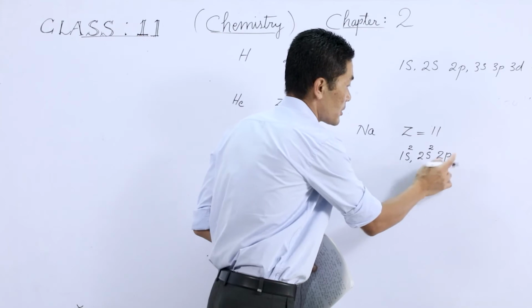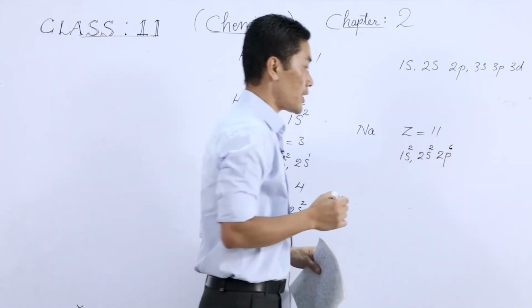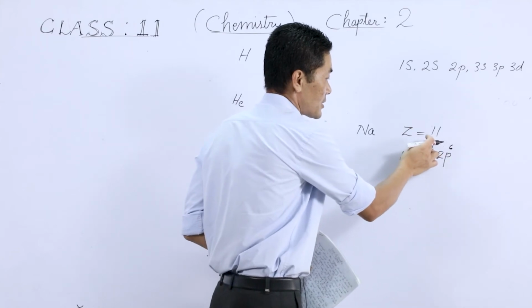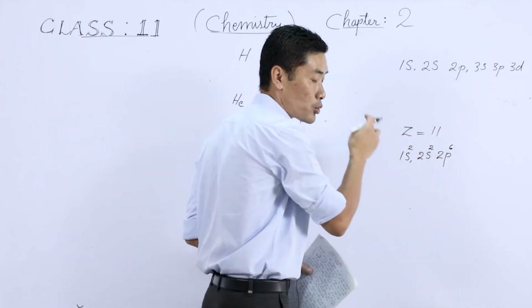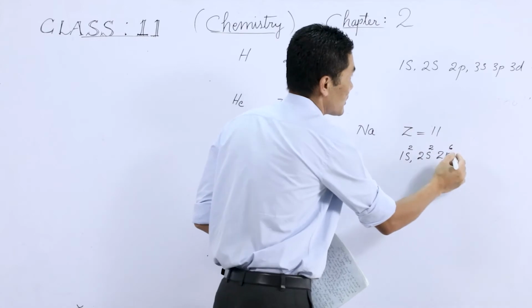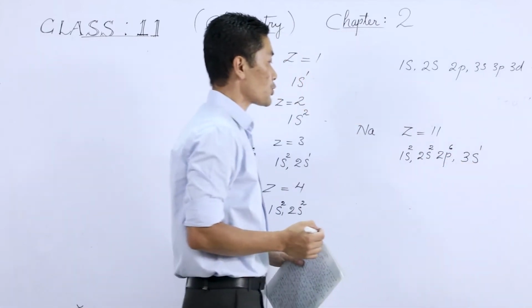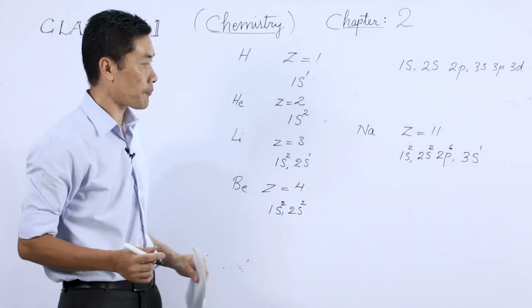So we can put 6 electrons here. Now we have 2, 4, 10. We have put 10 electrons, 1 remains. This will now go into the s orbital of the third shell. This will be the configuration of sodium.